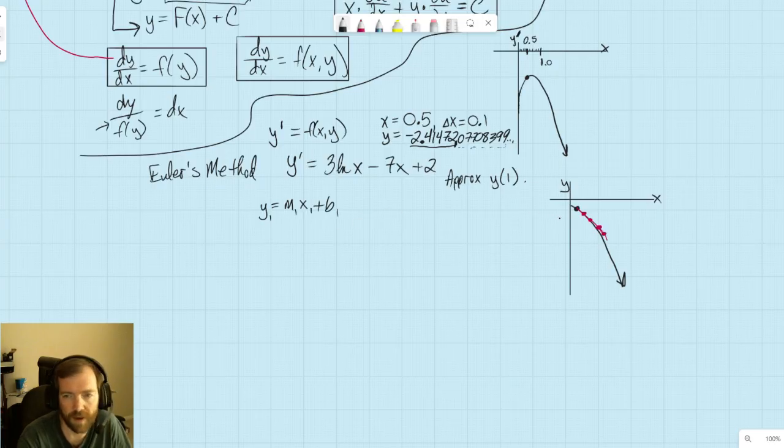And then when we do the next segment, we're going to plug in a new value. Let me use point slope, because point slope makes way more sense in this. M times x1 minus x0, that works. So here we have x0, y0. Okay, and then this is going to be plus y0.